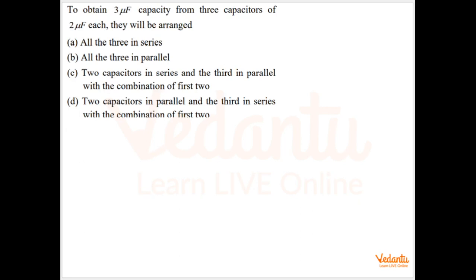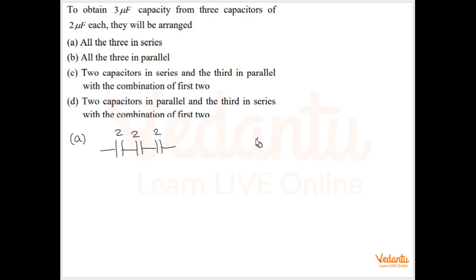In this question, my dear bacha log, we have to obtain 3 microfarad equivalent by using 3 capacitors of 2 microfarad. Now options A, B, C and D are given beta. The easiest way to solve such a question is by making the circuits given in all the options and then seeing whether they give us the correct answer or not. Option A gives us a circuit like this, 2, 2, 2.